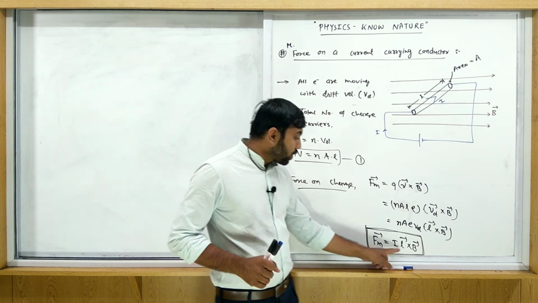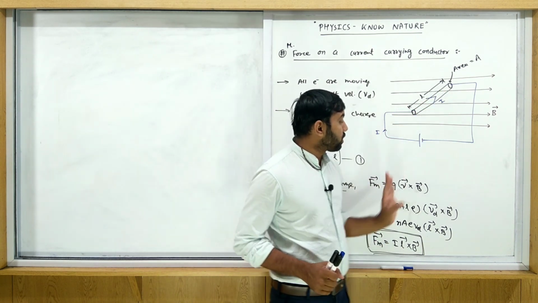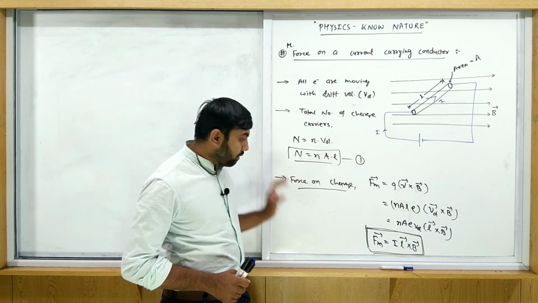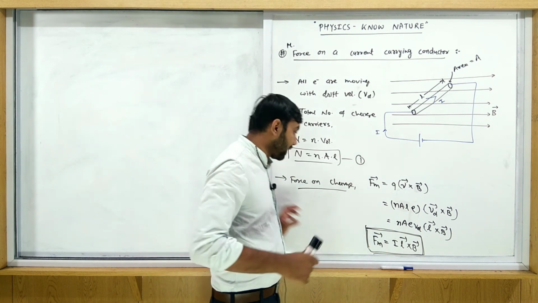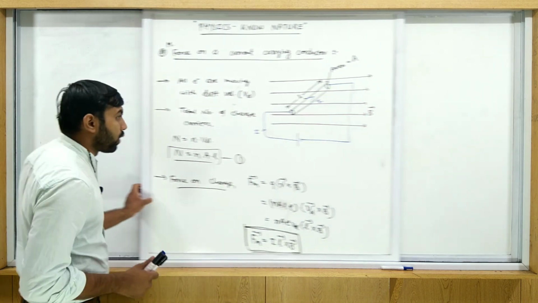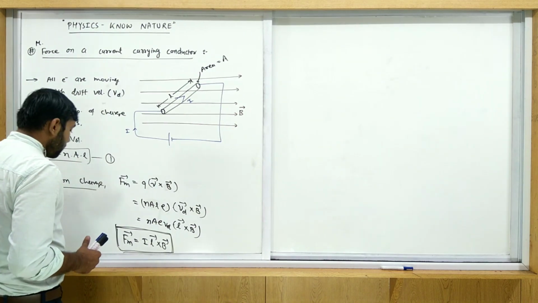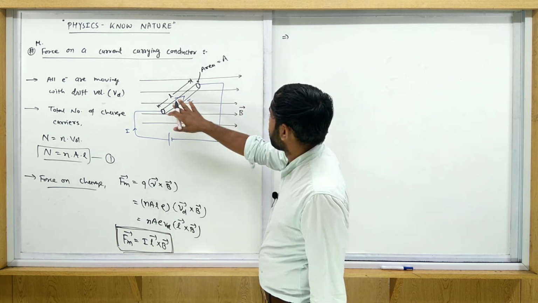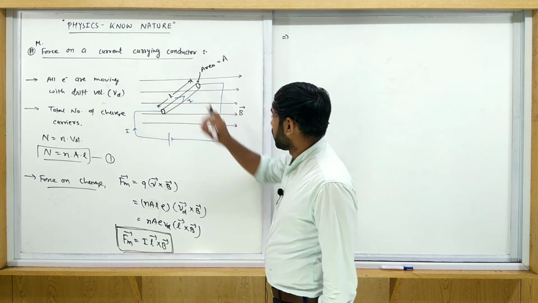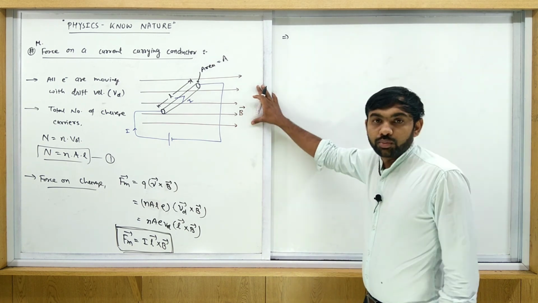If the conductor is not uniform, then we integrate. We find the small force on a small element like this. Both are possible: a non-uniform conductor or a non-uniform magnetic field.